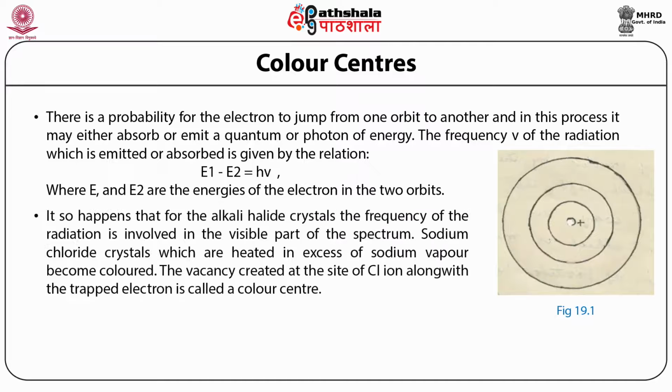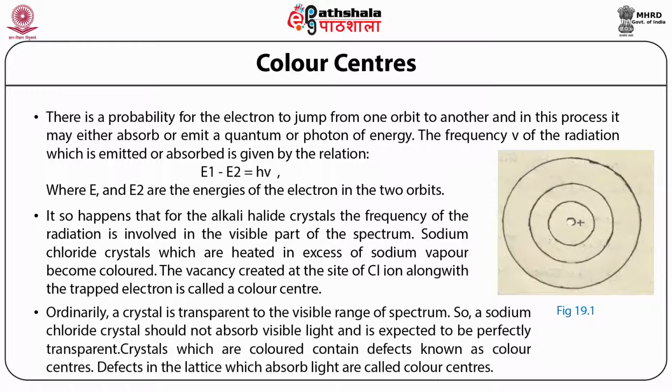It so happens that for the alkali halide crystals, the frequency of the radiation falls in the visible part of the spectrum. Sodium chloride crystals which are heated in excess of sodium vapor become colored. The vacancy created at the site of the chlorine ion, along with the trapped electron, is called a color center.